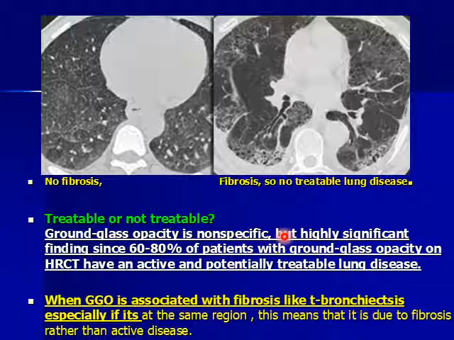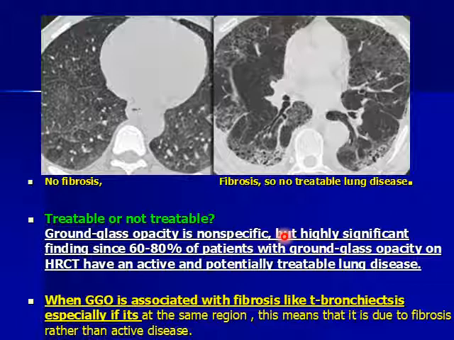Our role as radiologists is to answer a question for the clinician. As I have explained to you, ground glass opacity could be due to inflammation, just viral pneumonitis, or it could represent interstitial lung fibrosis.